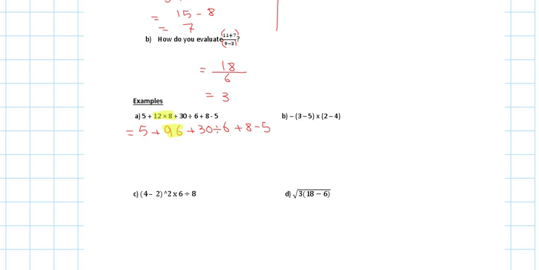The division, right? Because you see that whatever I have left here is either addition, subtraction, or division, okay? So division comes before the addition and subtraction. So I have to do 30 divided by 6. What's 30 divided by 6? 5. Right? 30 divided by 6, that is 5.